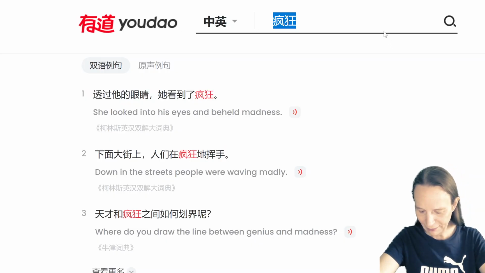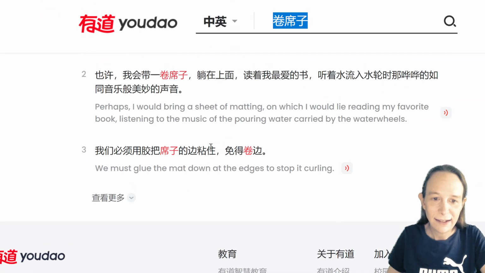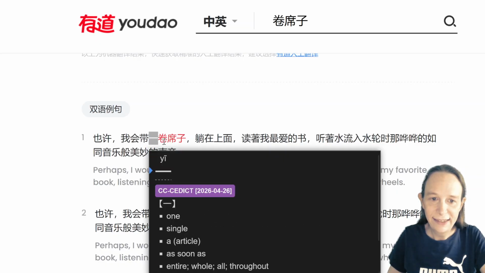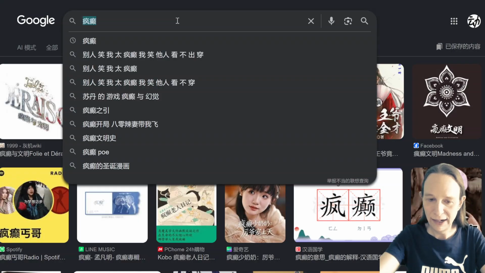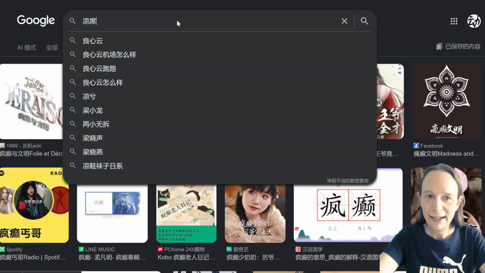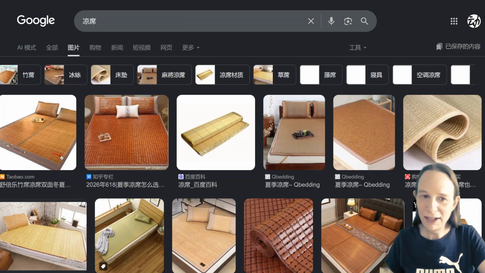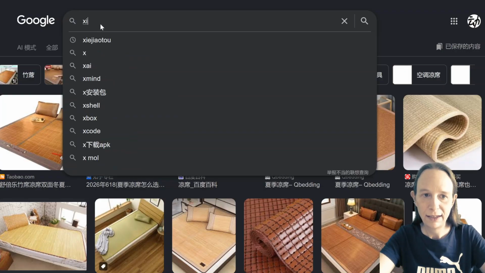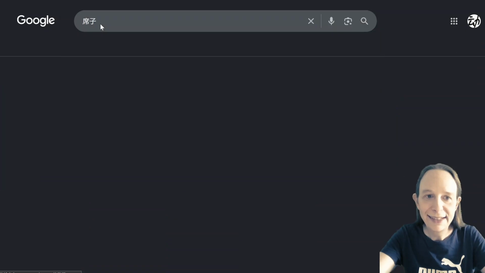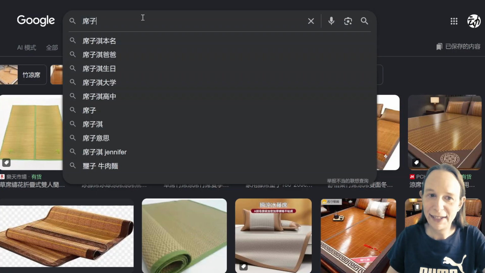And did you see it was 卷席子? What is 卷席子? 一卷席子. So this is the mat. Okay, so 席子 is a word. I'm familiar with 凉席, a kind of mat like this. Apparently you can do 席子. Probably the same thing, but 凉席 is a more specific description.